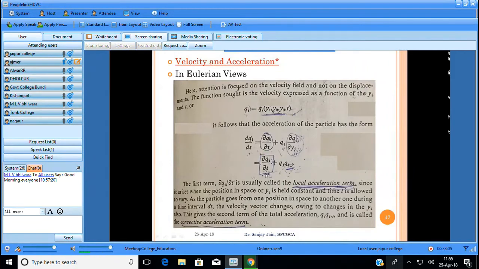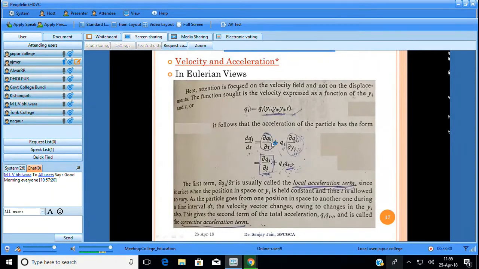Okay, the first term, del qi over del t, is usually called the local acceleration term. What is the meaning here? This term is obtained when t is variable: we partially differentiate with respect to t, treating yi as constant.